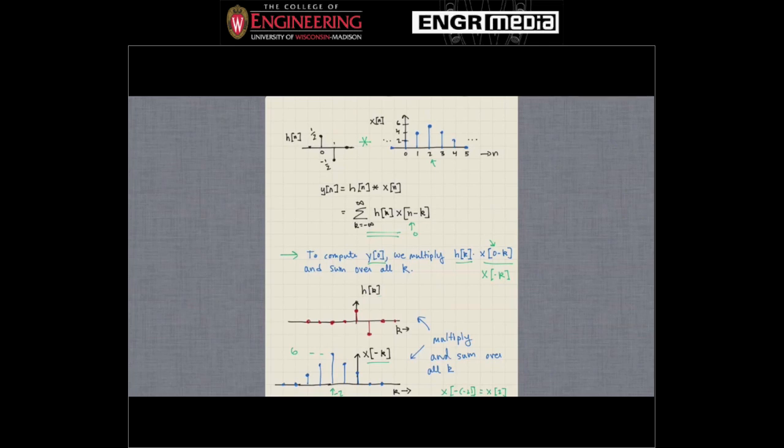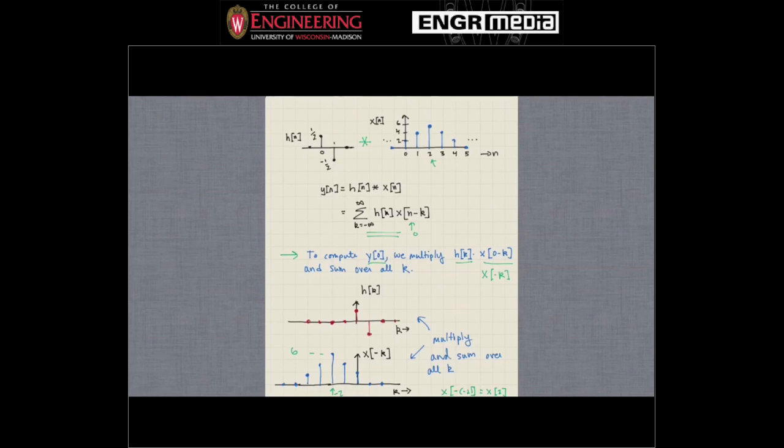And then the next thing we're going to plot is x of minus k. We're plotting x of minus k because that was given to us in this equation up here. Plotting x of minus k has the effect that it flips the signal around the origin.